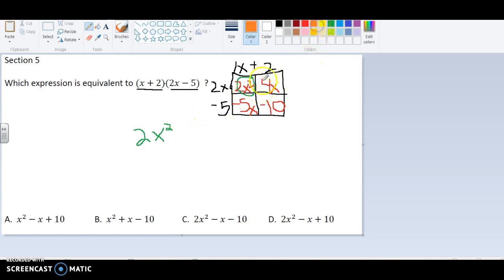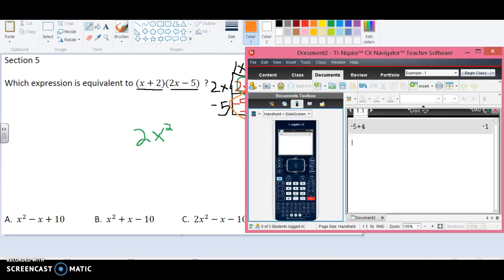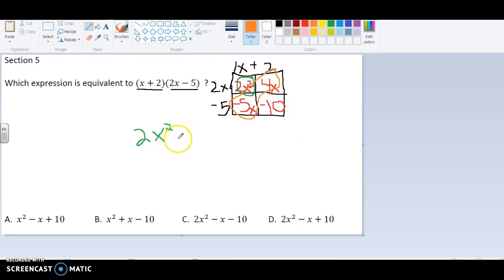And then I've got this 4x and negative 5x, so add those together, negative 5 plus 4. So negative 5 plus 4 is negative 1. So we're going to have negative 1x. And then that's going to be negative 10.